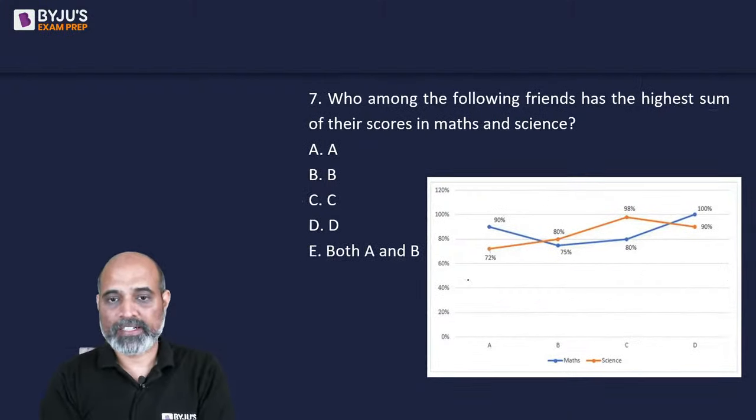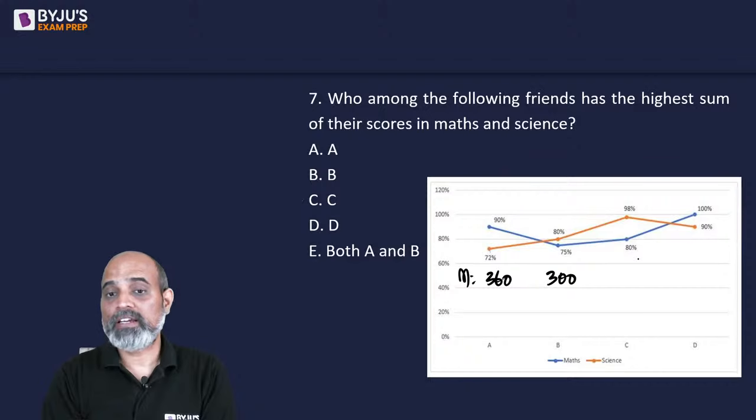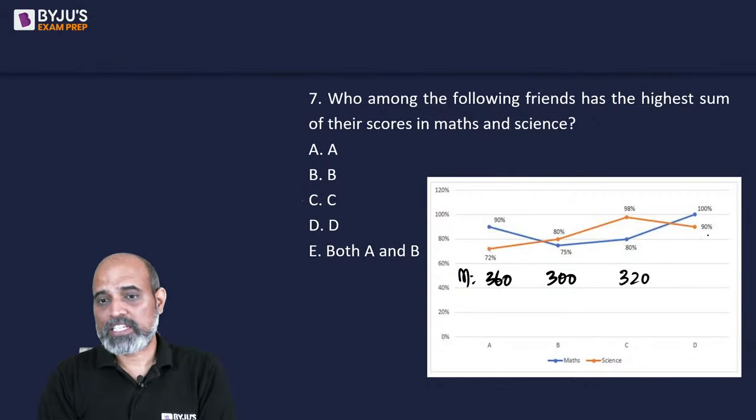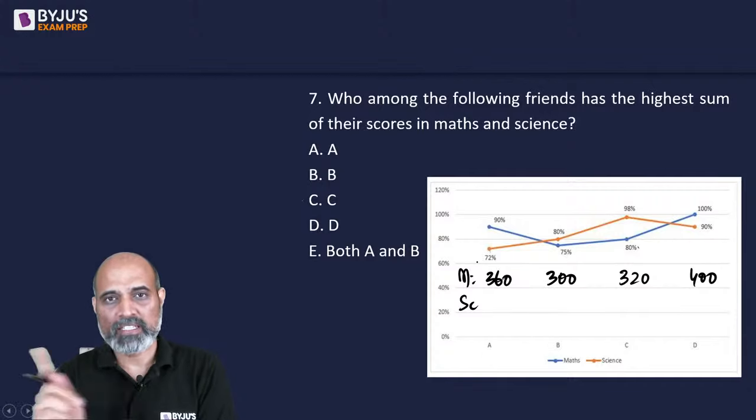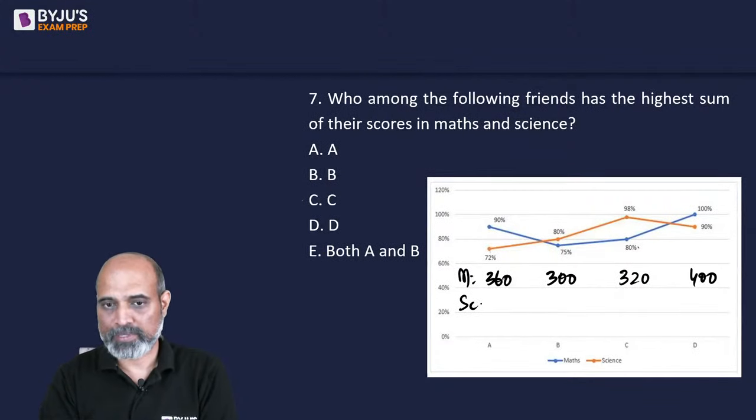And I think then we made a mistake here as well because we made mistakes here. Let's calculate it properly. In maths, this was 360. This is 300. The next one is 80% of 400, which is 320. The next one is 400. ये सही था. So I made a mistake in B and C का maths and science. I interchanged the percentage. 72% of 250, which was 180.